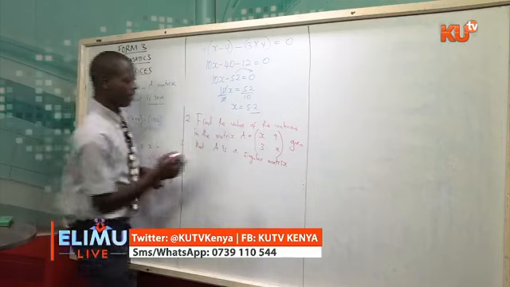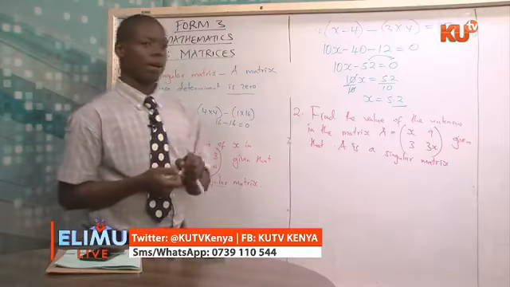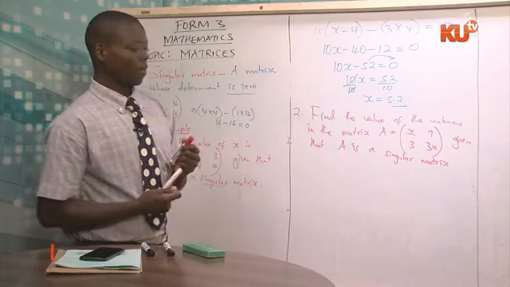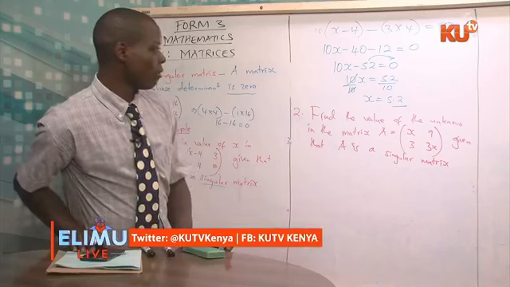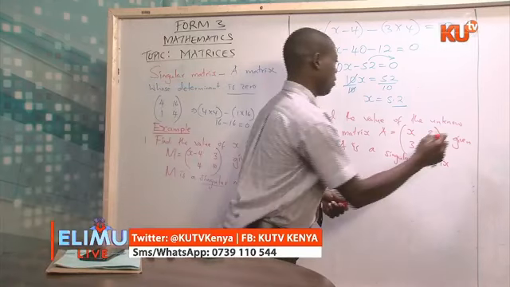Given that it is a singular matrix, we find the value of the unknown, and our unknown in this case is x.